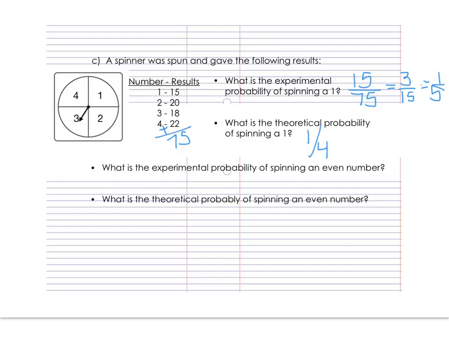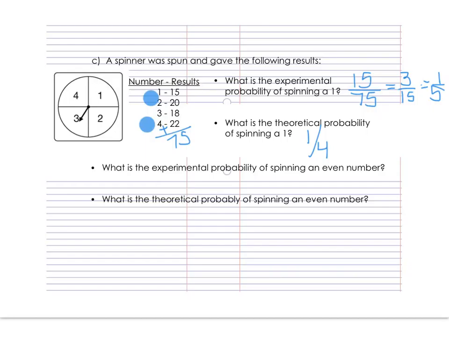Now let's take a look here. What's the experimental probability of spinning an even number? So that means I land on a number that's on my spinner that's an even number. If I take a look, it could land as a 2, that's even, or it could land as a 4. So I'm going to look at just my 2s and just my 4s. How many ways did it land on an even number?